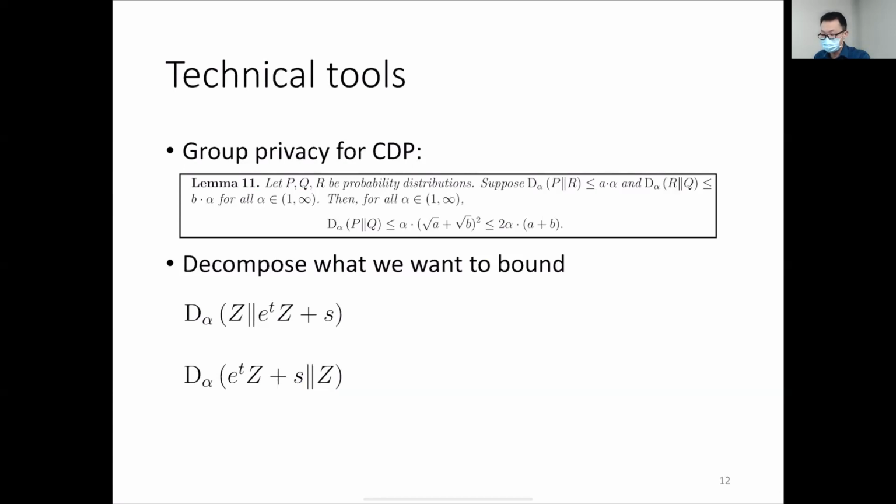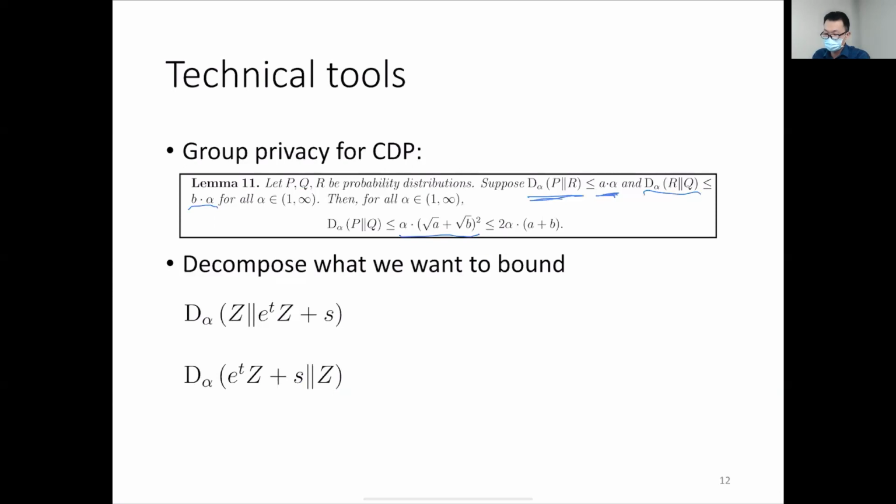So no matter what R we choose, if we can show that the Rényi divergence of P and R satisfies a CDP-style bound, so this is upper bounded by a linear function, and similarly, if the divergence of R and Q is also bounded by a linear function, in this case with parameter B, then it can be shown that the Rényi divergence of P and Q also satisfies a Rényi divergence bound like this.